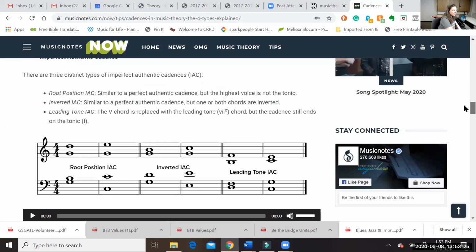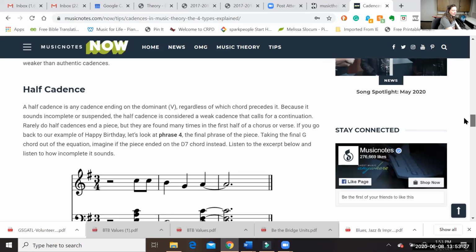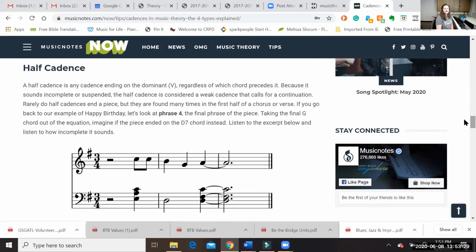Let's move down here to half cadence. A half cadence is any cadence that ends on the 5 chord, regardless of what comes before it. It could be 1, 5, it could be 4, 5, 2, 5, 6, 5. Anything that ends in a 5, for this level of theory, is going to be a half cadence.